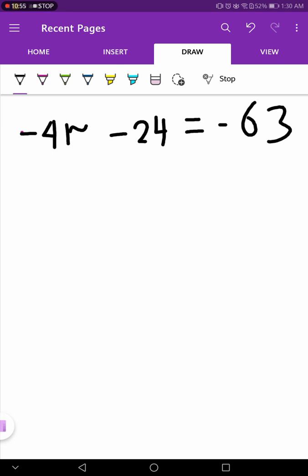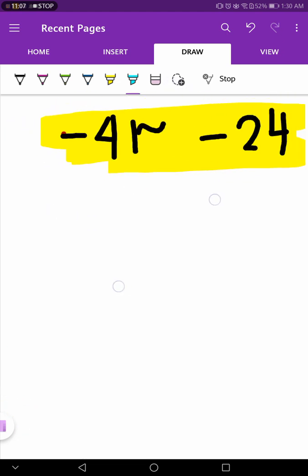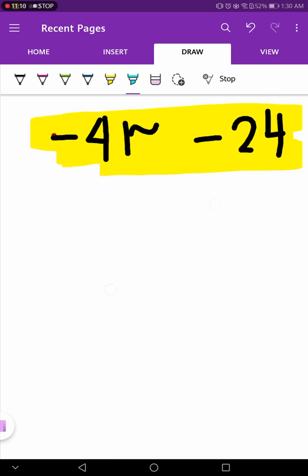Now you apply what you learned to solve this equation by determining the left and the right, moving to the side that has a variable, and checking which number is added or subtracted. Yes, it is negative 24. What is the opposite of negative 24? It is plus 24.